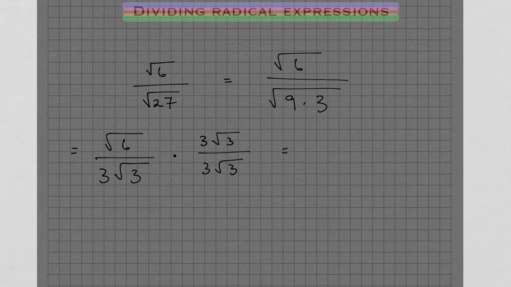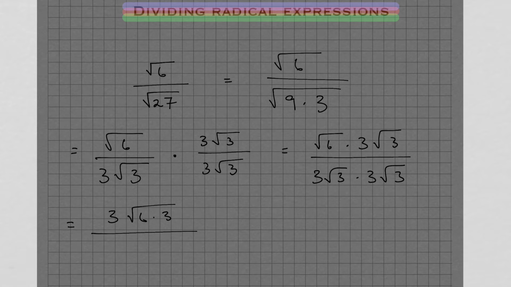What that gives us is root 6 times 3 root 3 divided by 3 times the square root of 3 times 3 times the square root of 3. Now multiplying these out, we have 3 times the root of 6 times 3 divided by 9 times the square root of 9. 3 times root 3 times 3 root 3 is going to give us 9 times the square root of 9.